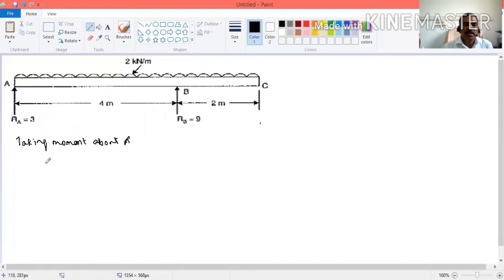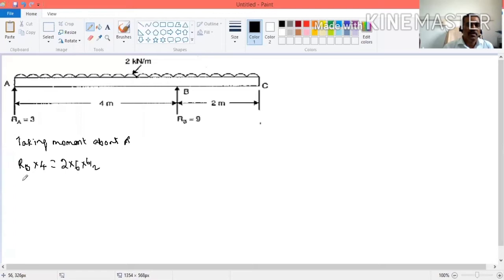So you take one side on the left of the equation and the other side on the right. Simple, right? Now the reaction RB into the distance, which is 4 meters, is the counterclockwise moment. That is equal to the load, 2 kilonewton per meter, multiplied by the total distance 6, at the center of gravity of this uniformly distributed load, which is 6 by 2.